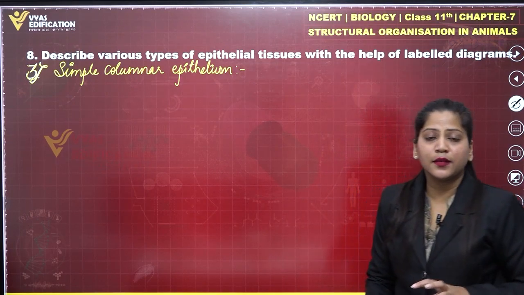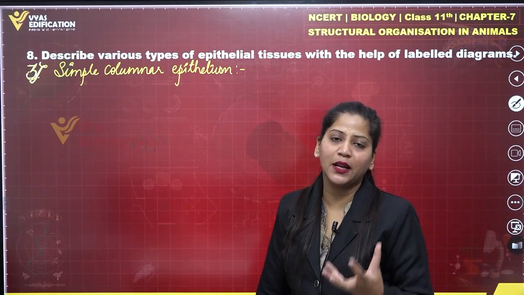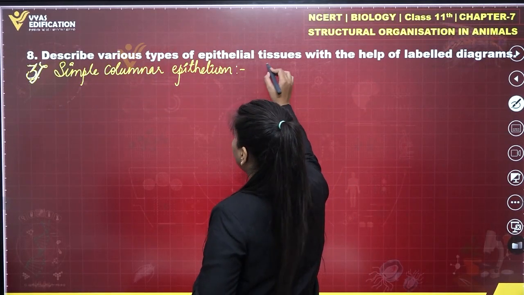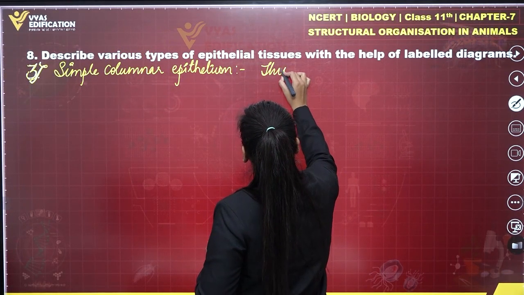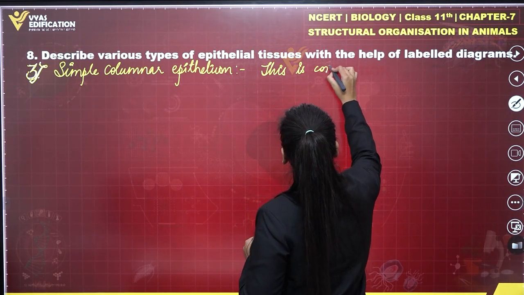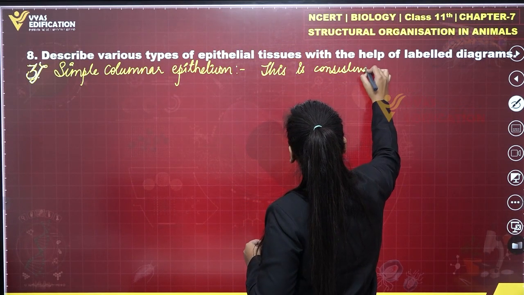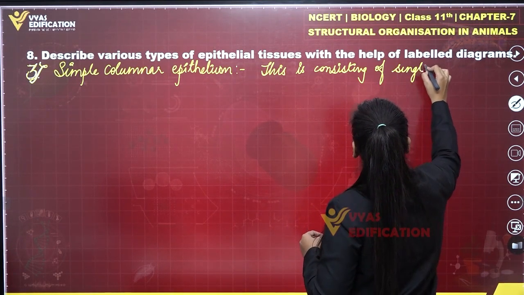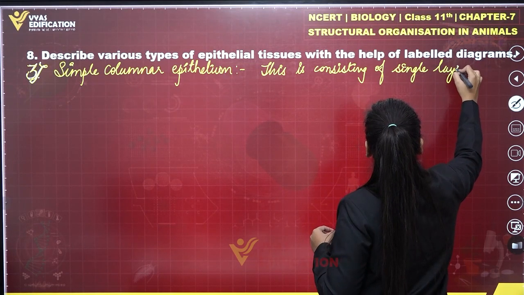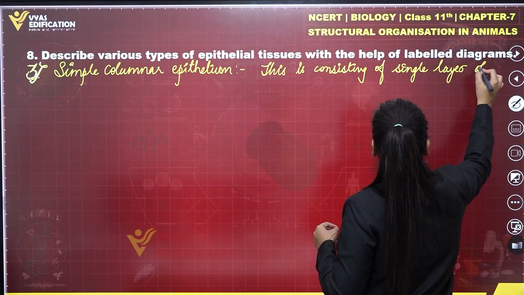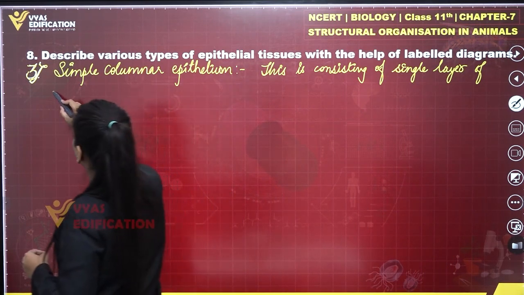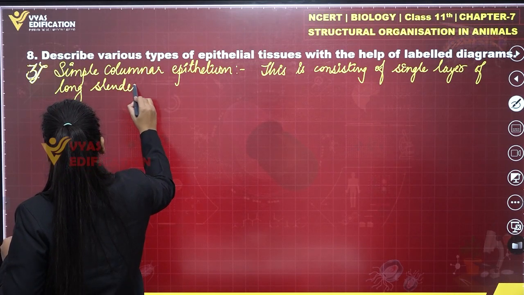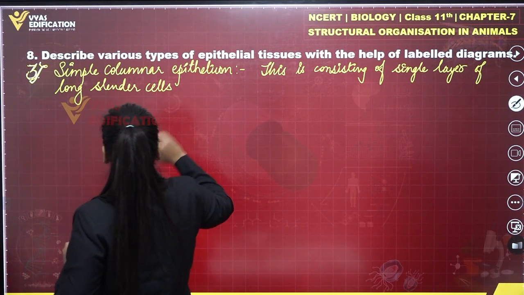Now, as this is a type of simple epithelium, this will also consist of a single layer of cells. So, we'll write like this. This is consisting of a single layer of long slender cells.